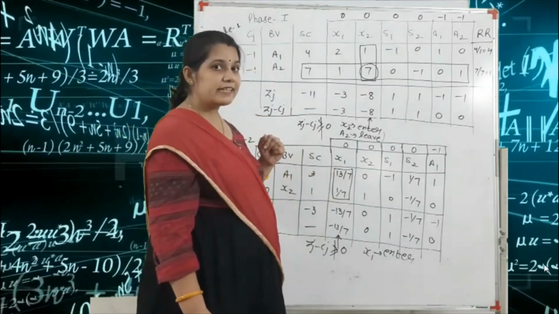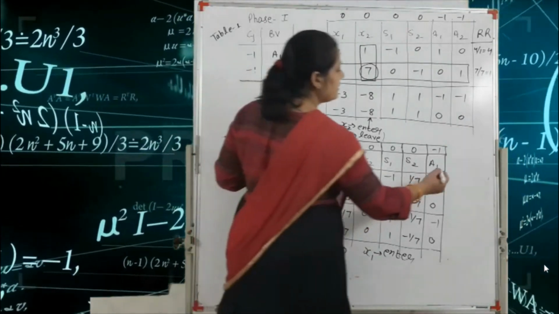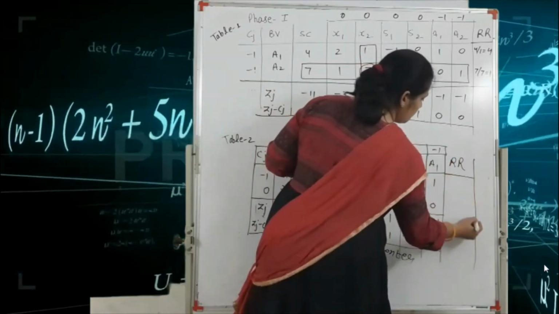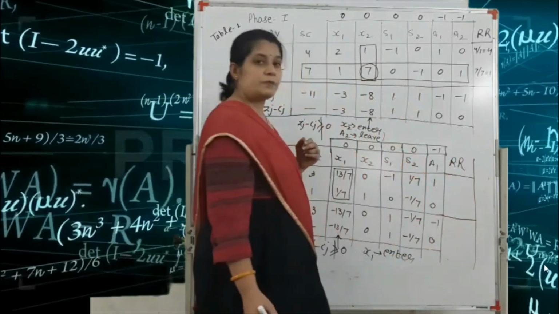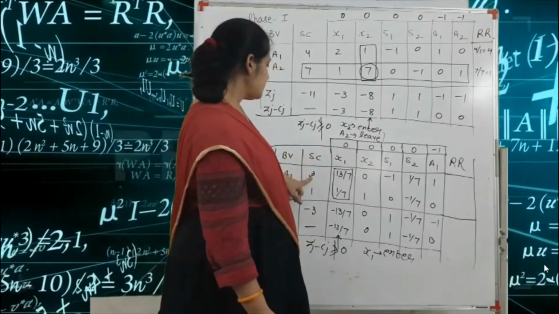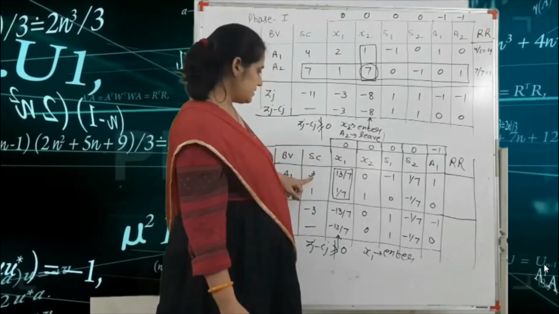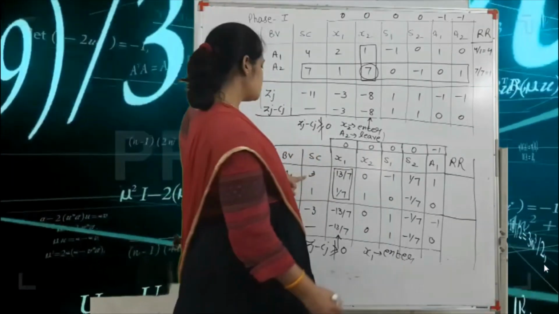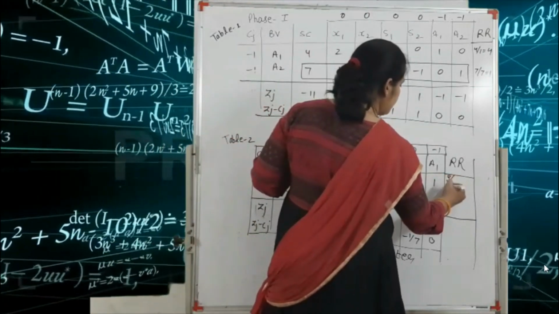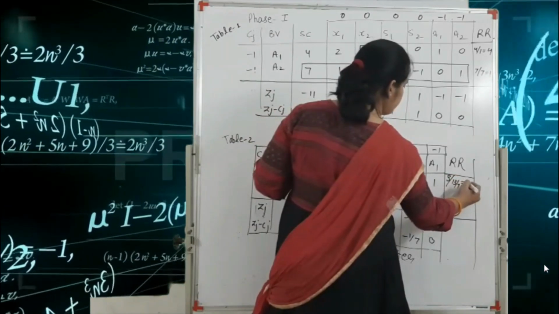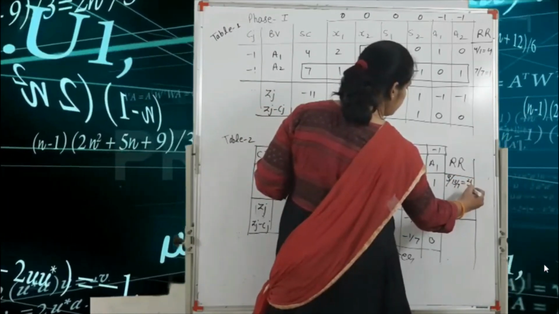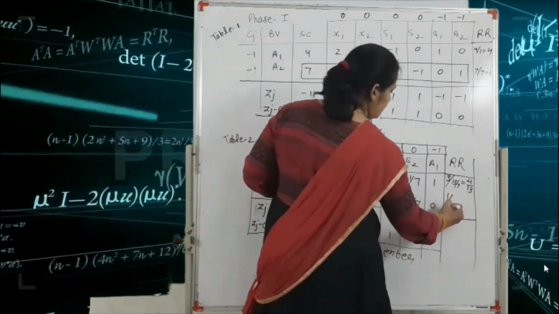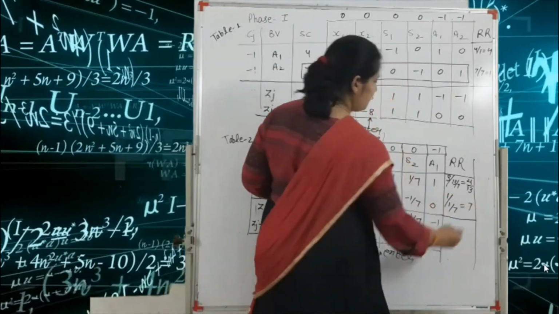So one variable is entered. So we find the next new variable. For finding the leaving variable, we write here the replacement ratio. Okay, so what is the process of the replacement ratio? This solution constant divided by 13 by 7. So 3 divided by 13 by 7, that means 21 by 13. Okay, and this 1 divided by 1 by 7, that means 7.